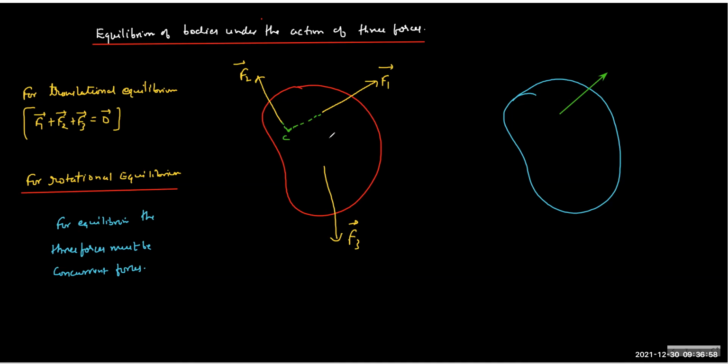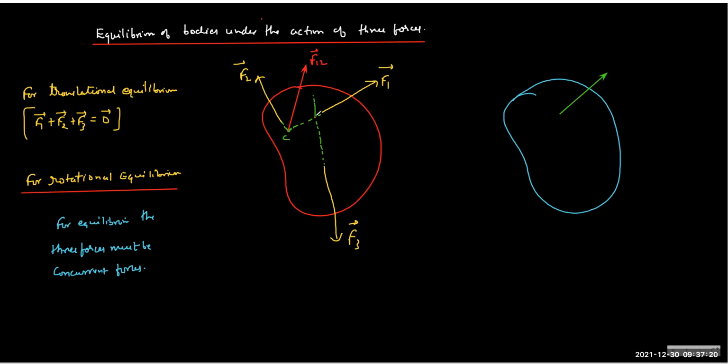Now, if I extend this line of action of force, there is a trouble. These two forces will have a resultant something like this. I can say this is F12, which is the resultant of 1 and 2.